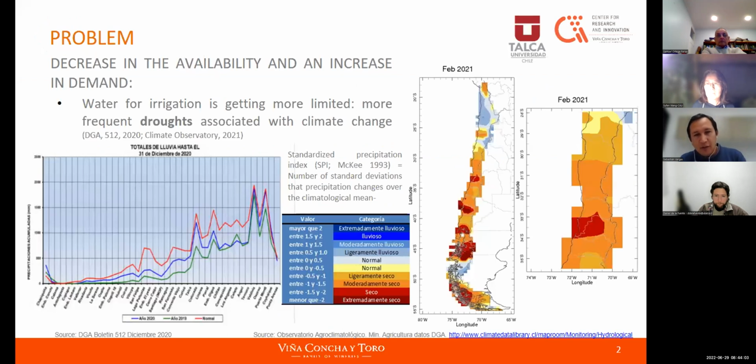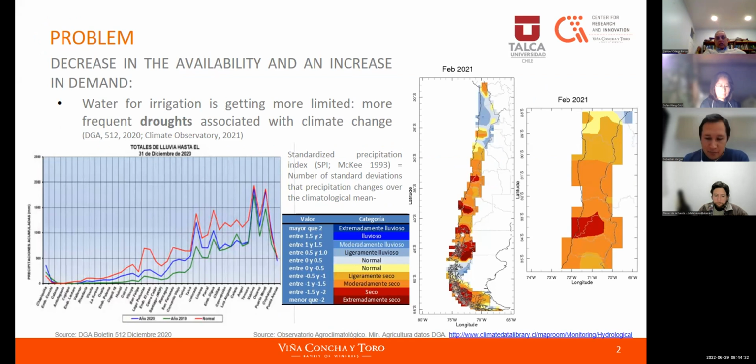The problem is well known. We have an historical drought. Rain is getting lower and lower, and the same happens with our reservoirs. I'm not showing that information here, but most of the reservoirs in Chile are really low. The other problem is global climate change. It's not just that we have less water, we are also seeing an increase in demand, measured as ET.